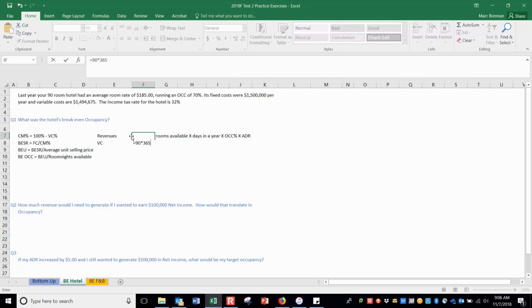Then if I multiply that by my occupancy percentage, 0.7 or 70%, that gives me how many room nights were occupied for the whole year. Then if I multiply that by the rate of $185, that should give me my revenues.